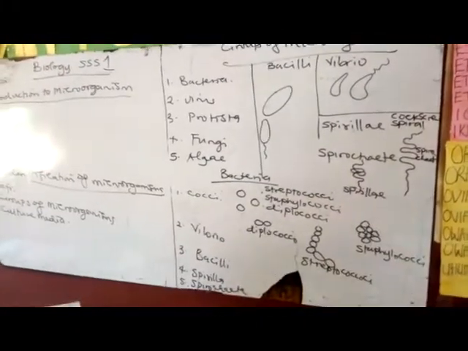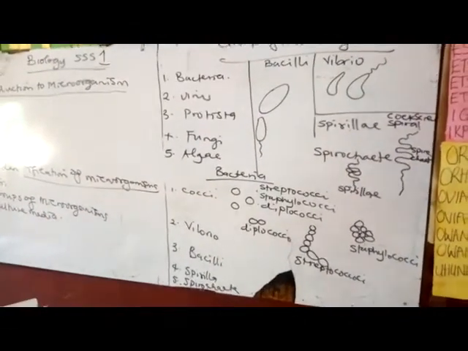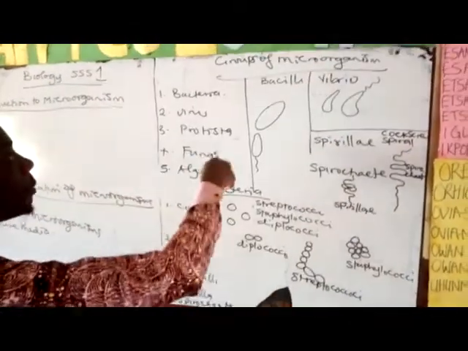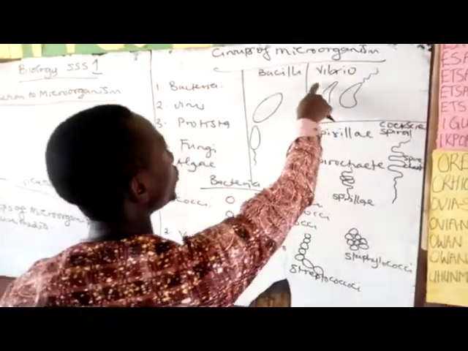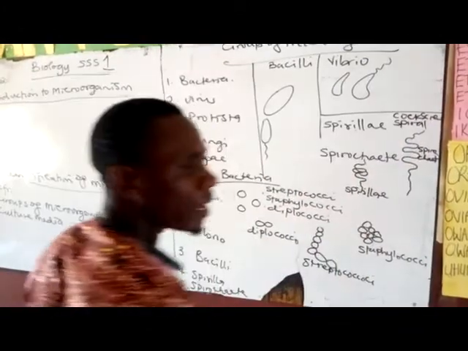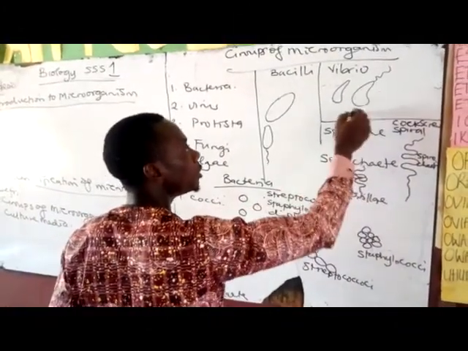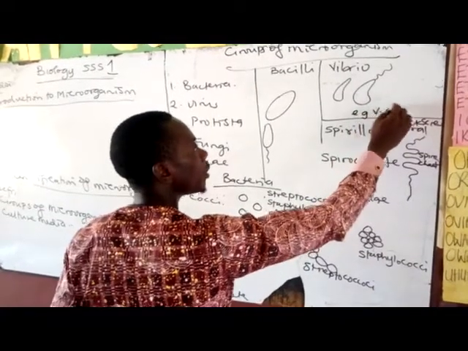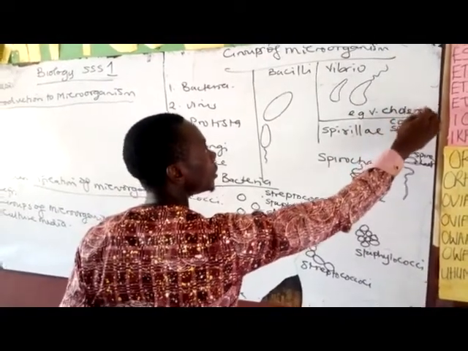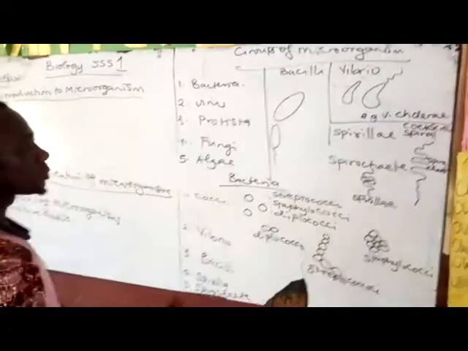Now, for you to understand the importance of this group of bacteria, you should know that the organism that causes cholera is called Vibrio cholerae. So this one, e.g., the Vibrio cholerae, is a bacteria that causes cholera.